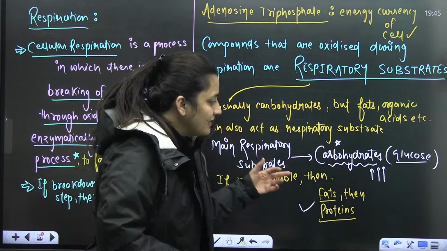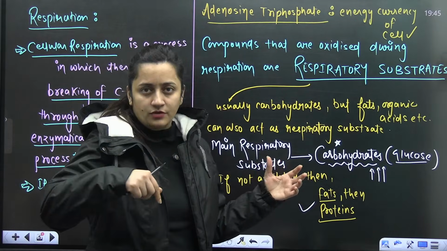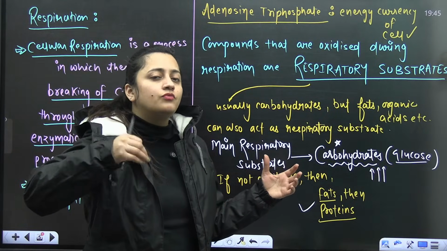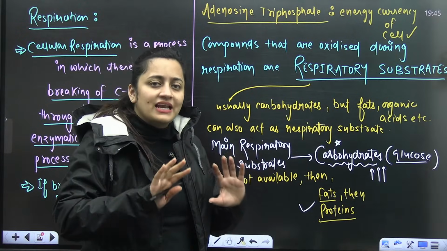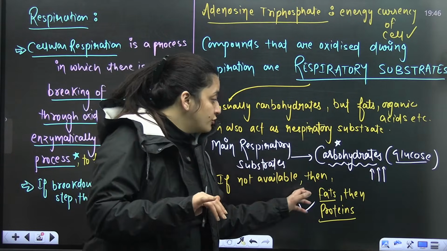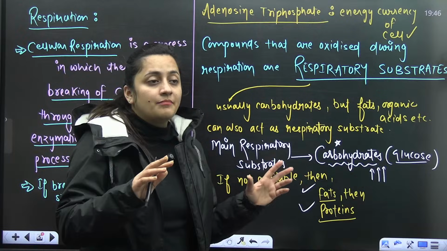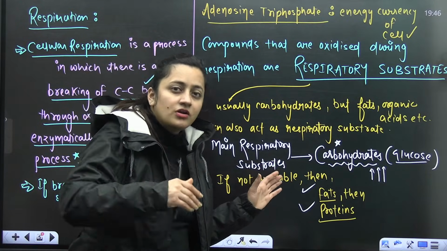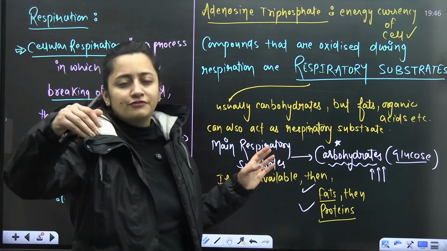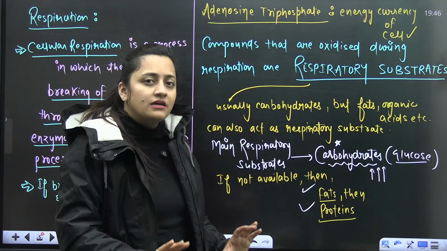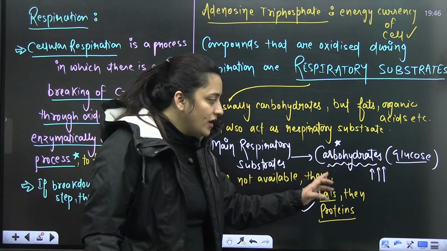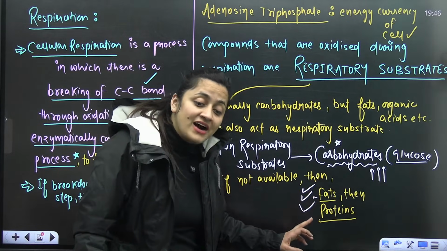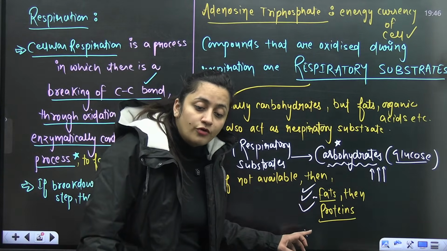Okay, so when you are not eating, initially what is the body going to do? Initially it will break the carbohydrates, the stored glycogen and all. Then it will shift to the fats. So if you see somebody who is on a hunger strike for a long period of time, or whatever the reason, you'll see they become very lean. Why? Because after carbohydrates, the body will go for the fats, and then finally the body will go for the proteins.